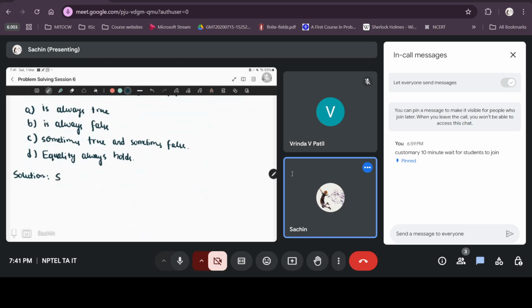So sum of independent Gaussian random variables is also Gaussian.